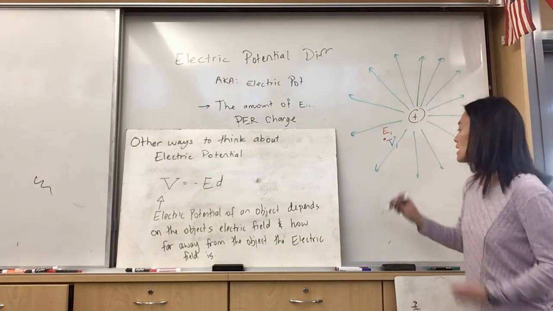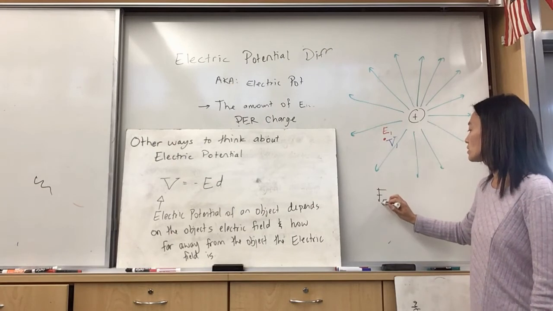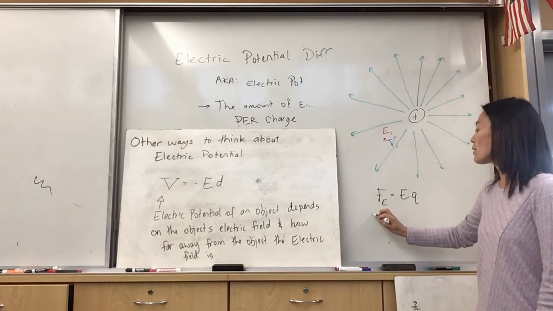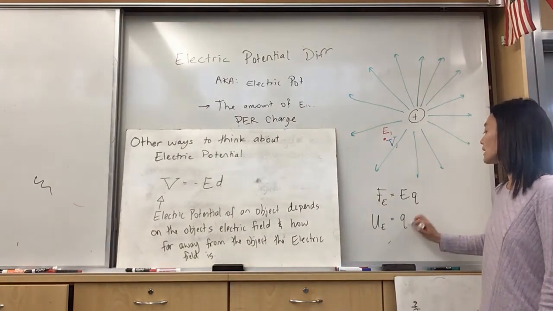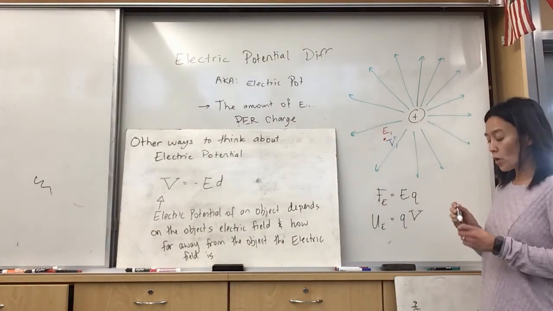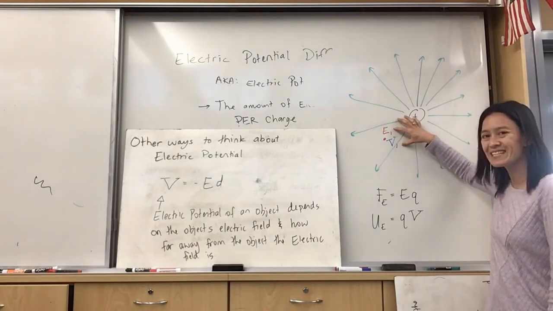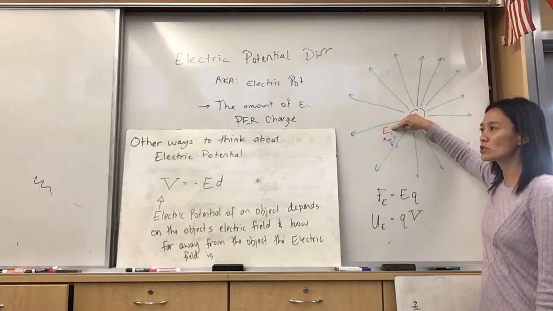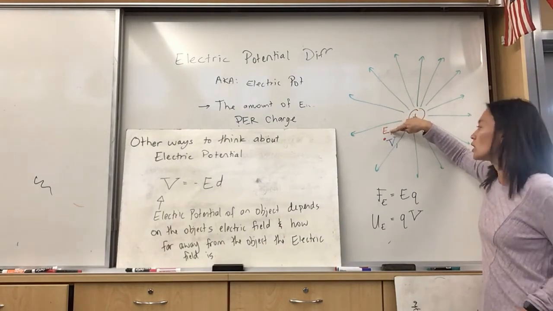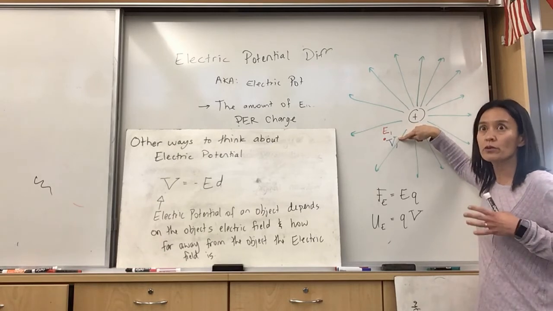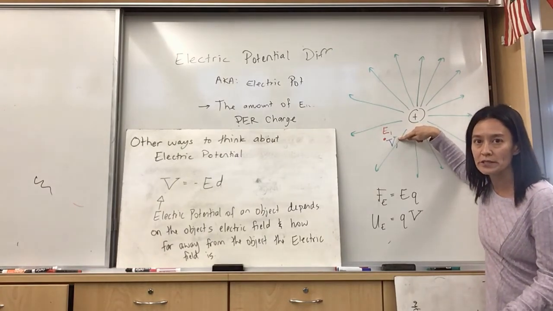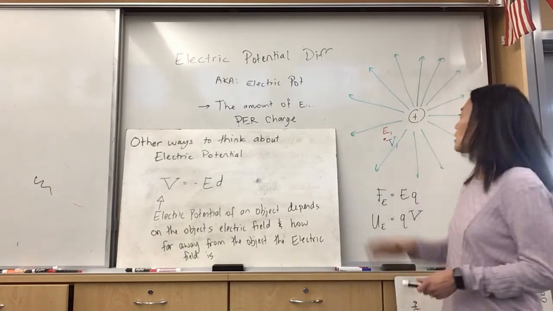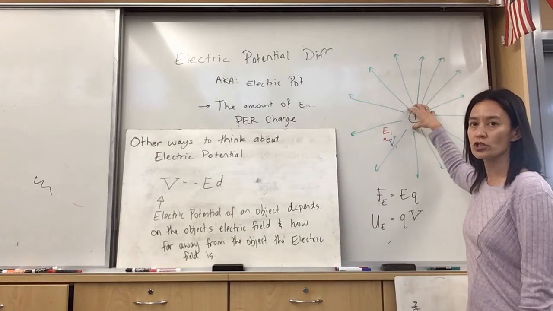Electrostatic force can be related to the electric field, but the amount of energy can be related to the electric potential. One has the ability to influence the force, and one has the ability to influence the amount of energy at that point. So they're just two different lenses, two different ways of describing properties of this charged object.